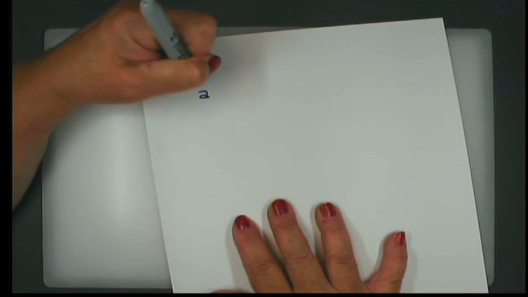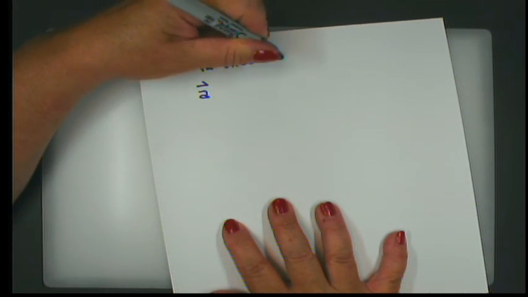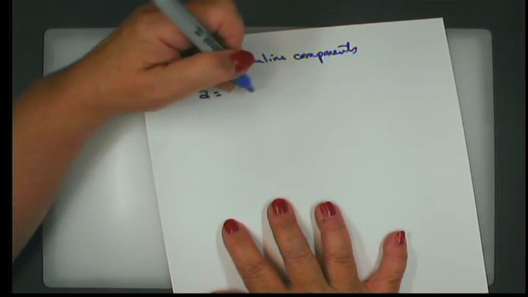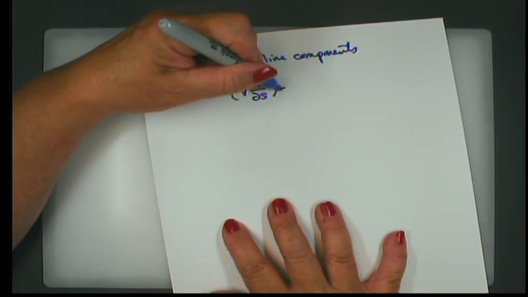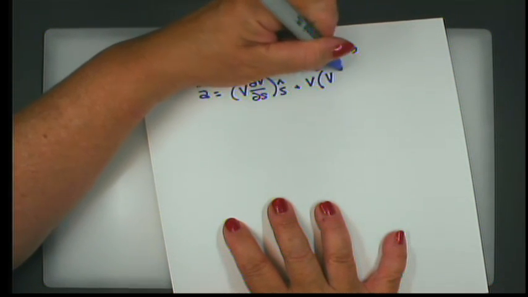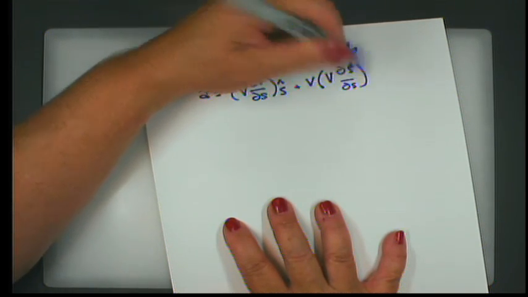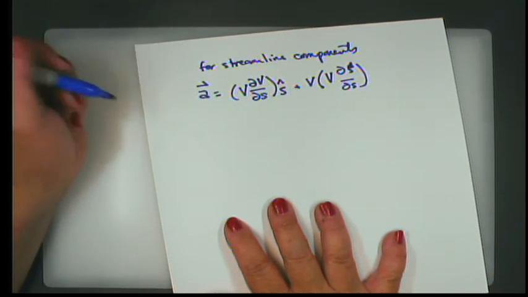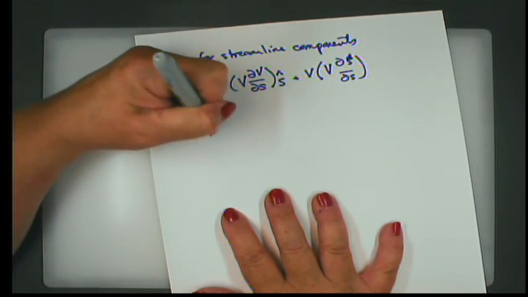They say acceleration for streamline components A is equal to V del V del S times S super cap plus V times V del S del S. And then they take a limit and do a little bit of breakup into convective acceleration, and they come up with equation 4.7, which is not actually complete.